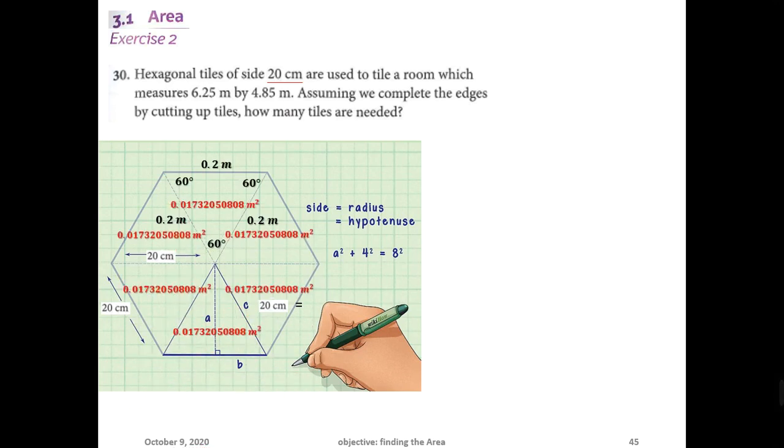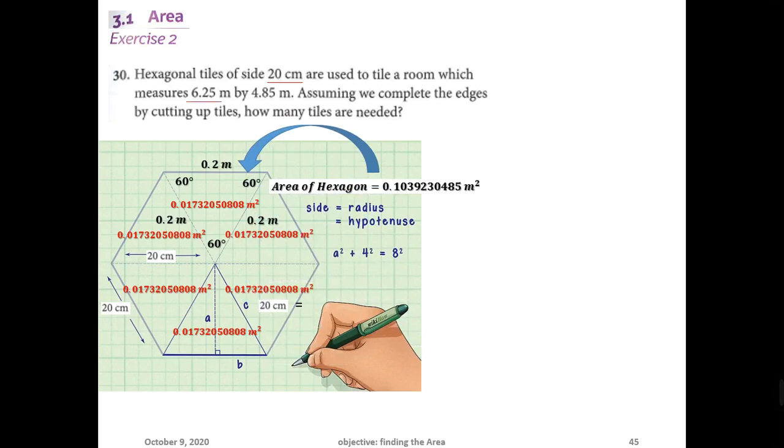Accordingly, we calculated the area of one triangle inside this hexagon, and then we multiplied the area of one triangle by 6, because inside the hexagon there are 6 triangles of the exact same size. Accordingly, we found the area of the one hexagon, which is one tile, as 0.104.